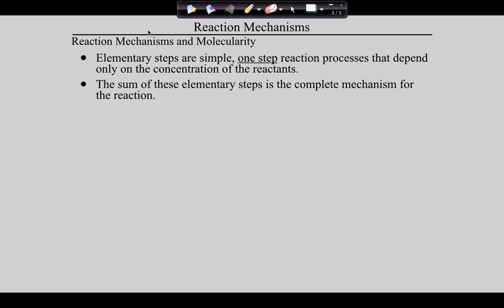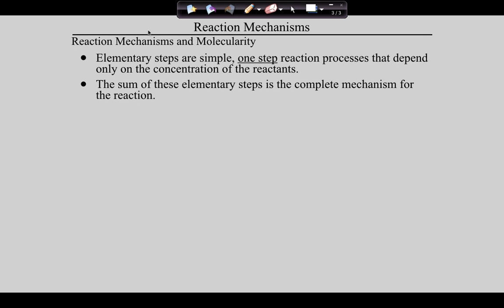Yeah. So guys, let's then take this to the next step. The sum of these elementary steps is then what we call a mechanism. So what is a mechanism? A mechanism is the complete picture. How does a reaction get from reactants to products in a stepwise fashion?